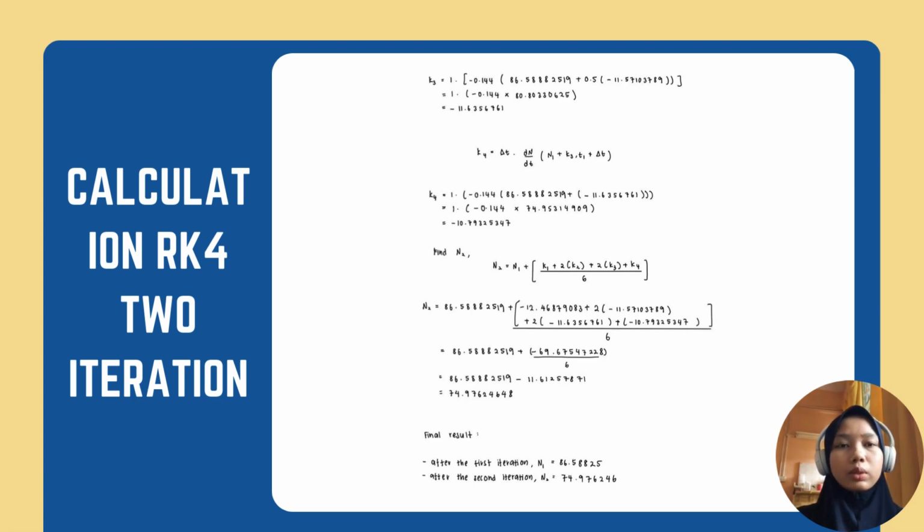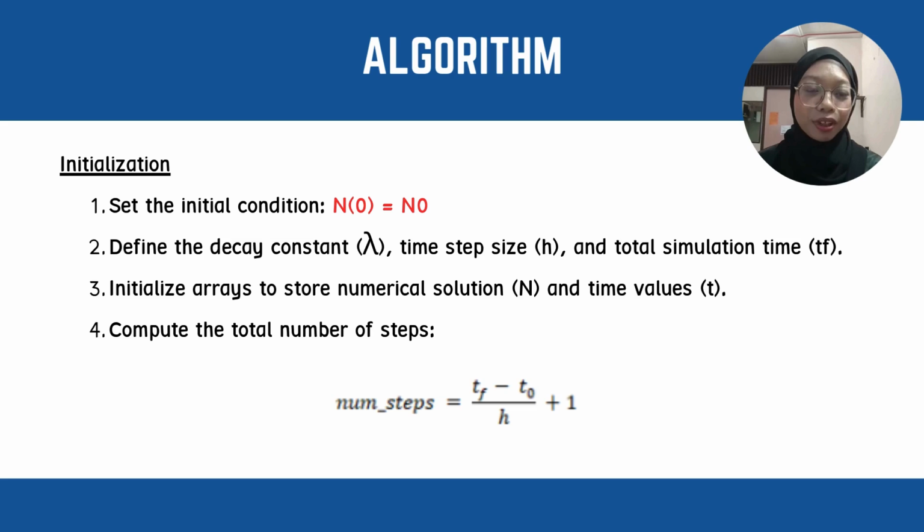And the last one, we will get N2 equal to 74.97624648. The final results after the first iteration N1 equal to 86.588825, and the second iteration N2 equal to 74.976246.